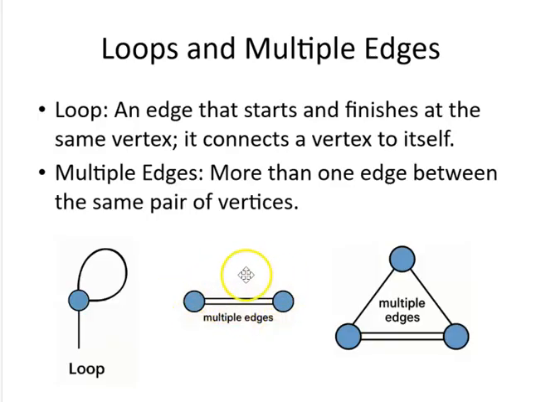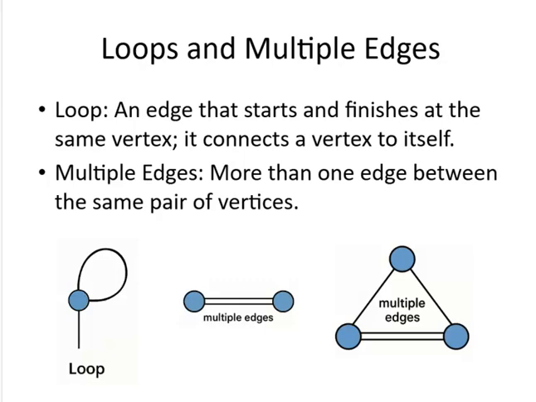So usually you would have one edge above, one edge below. So there's two examples there. The first one is where you've got two vertices that are just connected by two edges. So that's multiple edges. Here you've got a slightly more complicated example of a network.